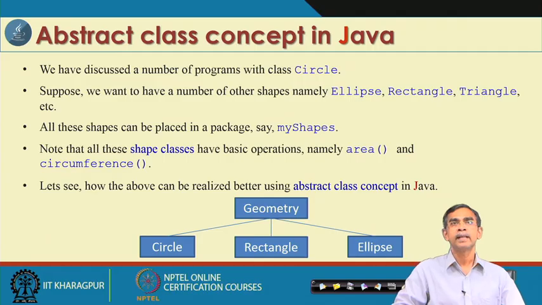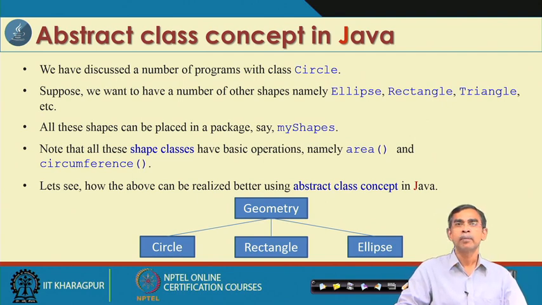Say we declare a class, geometry, as an abstract class, and then we want to have some classes inherited from this abstract class, namely circle, rectangle and ellipse. Here geometry basically represents a set of geometrical objects, and then there are different special objects belonging to these geometrical objects, namely circle, rectangle and ellipse.